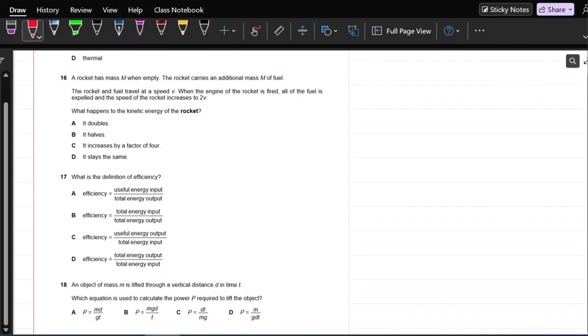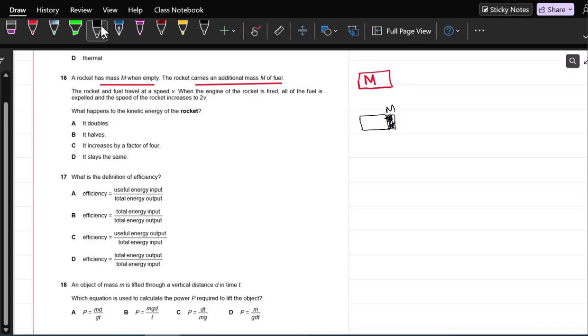A rocket has mass m when empty. Suppose I have this as a rocket, free body diagram, its mass is m. The rocket carries an additional mass m of fuel. Okay, additional mass. So I make this somehow like this. This is additional mass m.